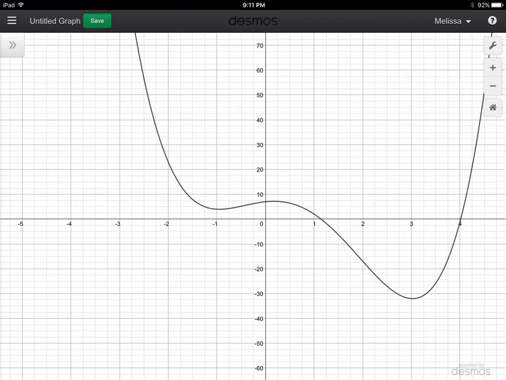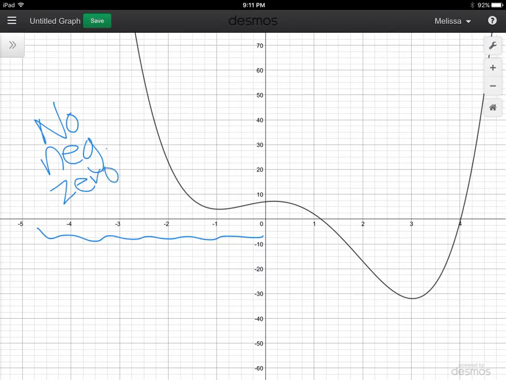Okay, so looking at our graph of our function, this is the graph I produced in Desmos. If you look at the negative side here, we do not have any negative zeros, because the graph does not cross the x-axis on the negative side.